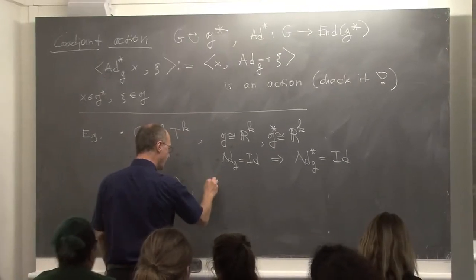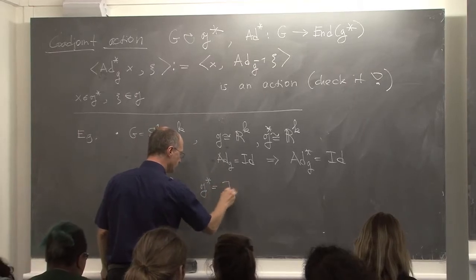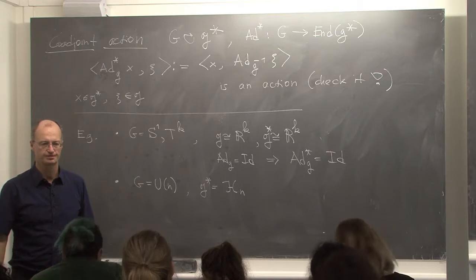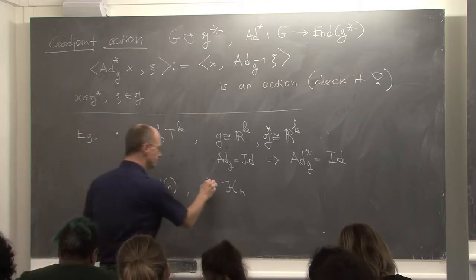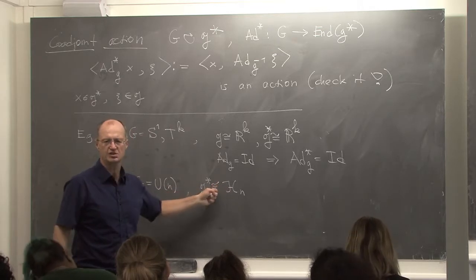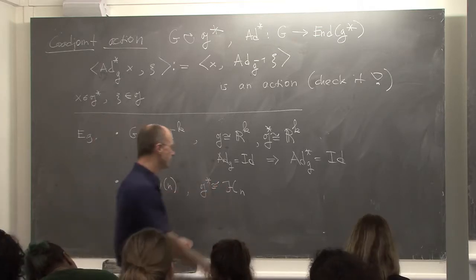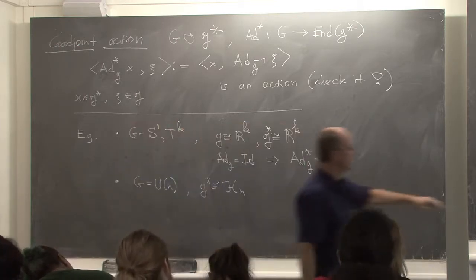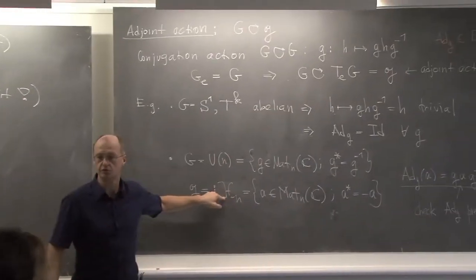So I would like to identify G star with the space of Hermitian matrices. So this is, I would say, an isomorphism. This is actually a choice that I make, and I need to explain how Hn and iHn are in duality to each other. Right?